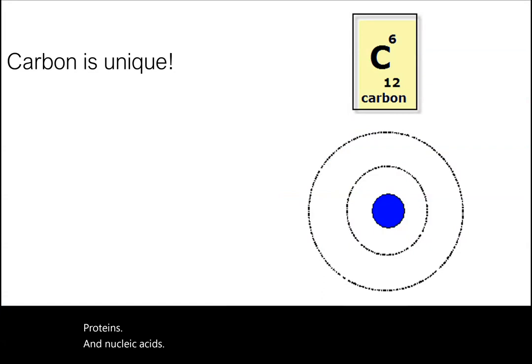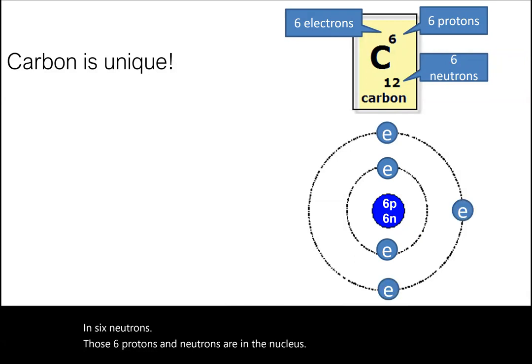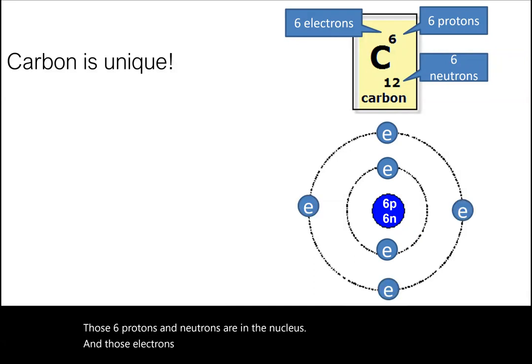Remember, carbon is special. It has 6 protons, also 6 electrons, and 6 neutrons. Those 6 protons and neutrons are in the nucleus. And those electrons are on the shells, the orbitals around the outside. Carbon has 4 valence electrons, meaning 4 electrons on the outer shell.